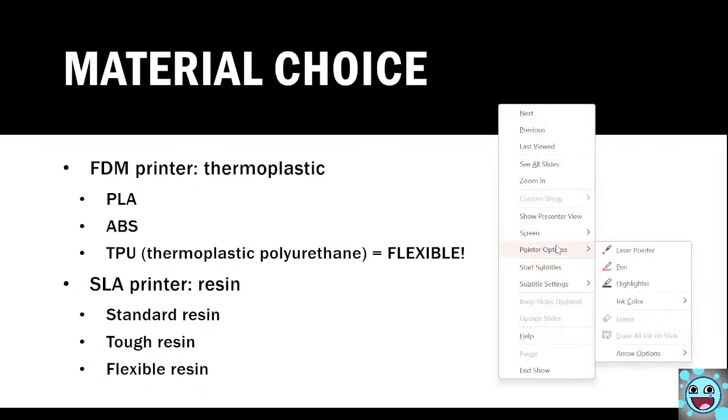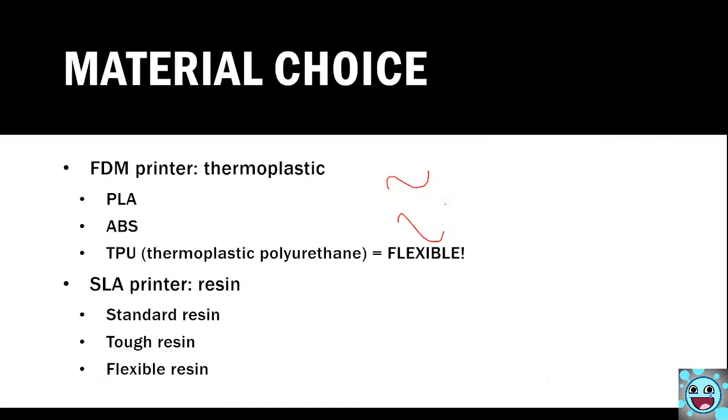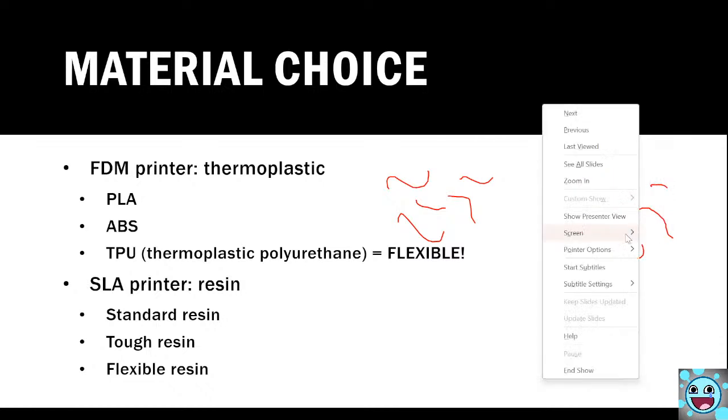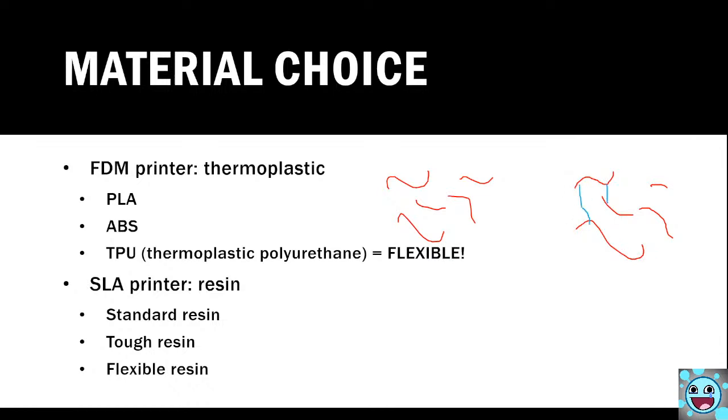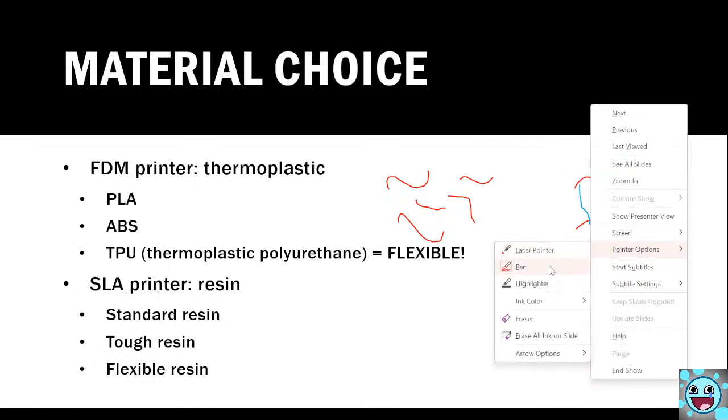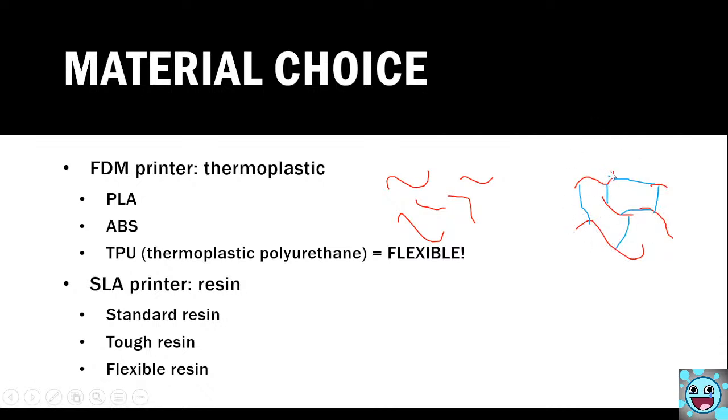It means when you have, here are the strands of a polymer unconnected, but if you have a cross-linker, for example here, it will make bonds. And what does this mean? This means that it will solidify from the liquid resin into the solid.